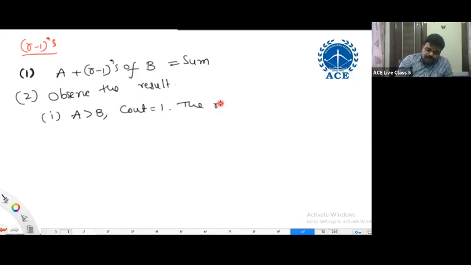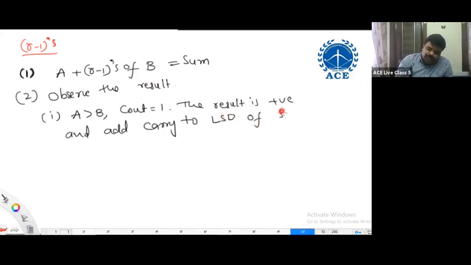The result is positive, and add carry to least significant digit of sum. Carry will be added to the last bit. Carry around.